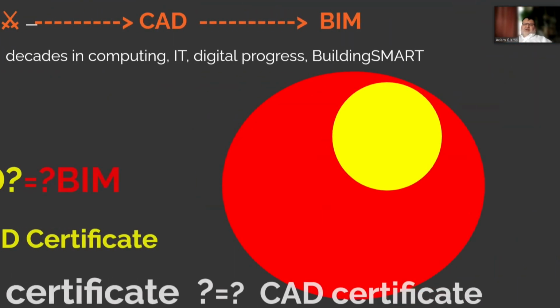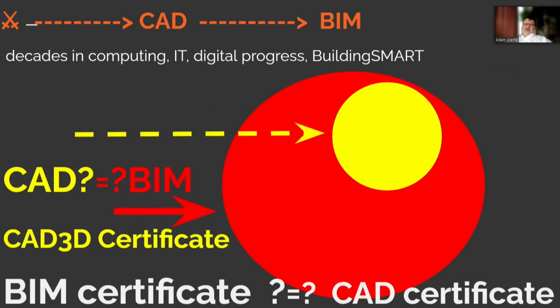Regarding certificates, like I pointed at the fact that CAD is part of BIM, identically we can ask whether a certificate related to CAD is a BIM certificate. The answer, of course, is yes, because already 3D CAD forms an element of BIM, but it is difficult, perhaps, to compare certain certificates, and the fact whether a BIM certificate covers the whole lot of BIM, or is only a separated part of it.